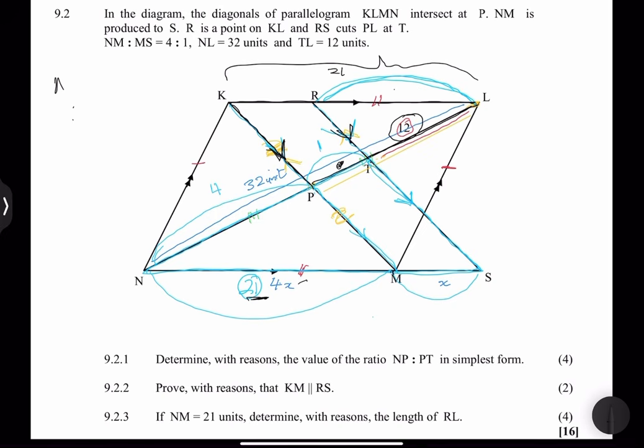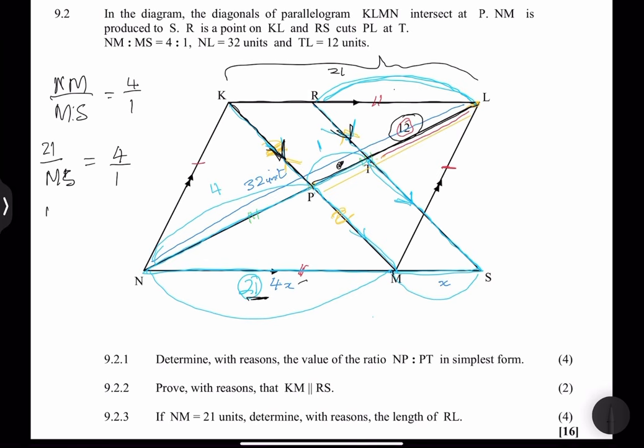So we can say NM, remember we said NM over MS is equal to 4 over 1, right? So in this case, I can find the side MS quite easily. Remember that we've got NM, which is equal to 21. So that would mean 21 over MS would be equal to 4 over 1.